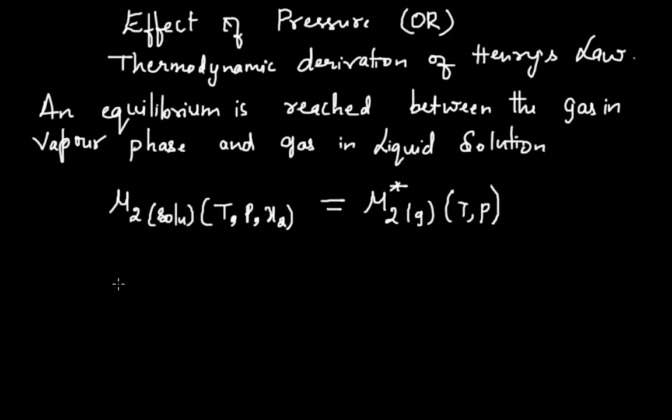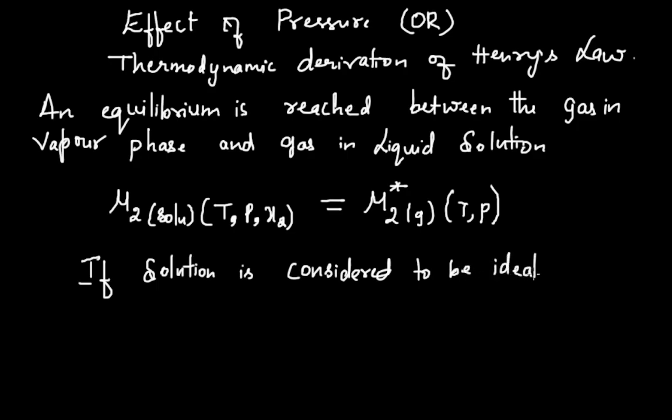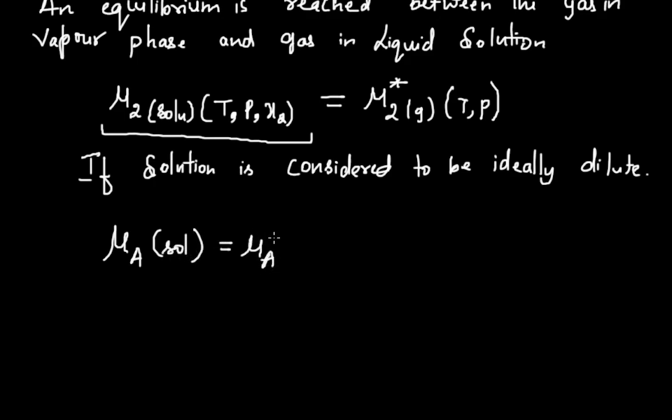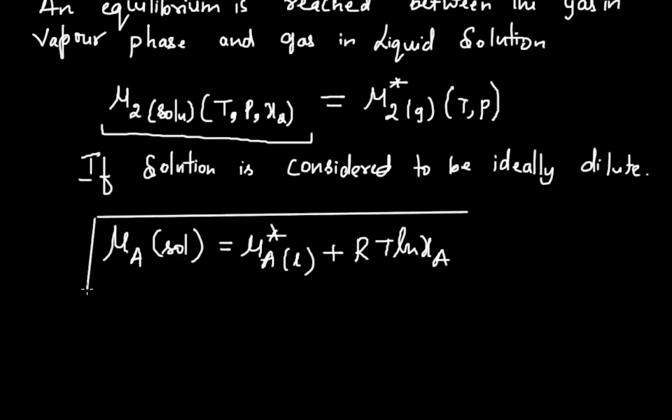If the solution is considered to be ideally dilute, we have seen in the previous derivation, a general derivation we have already done, that mu of A is equal to mu A star, that is the pure liquid, plus RT ln x A. This has been derived in the previous videos, you can go back.